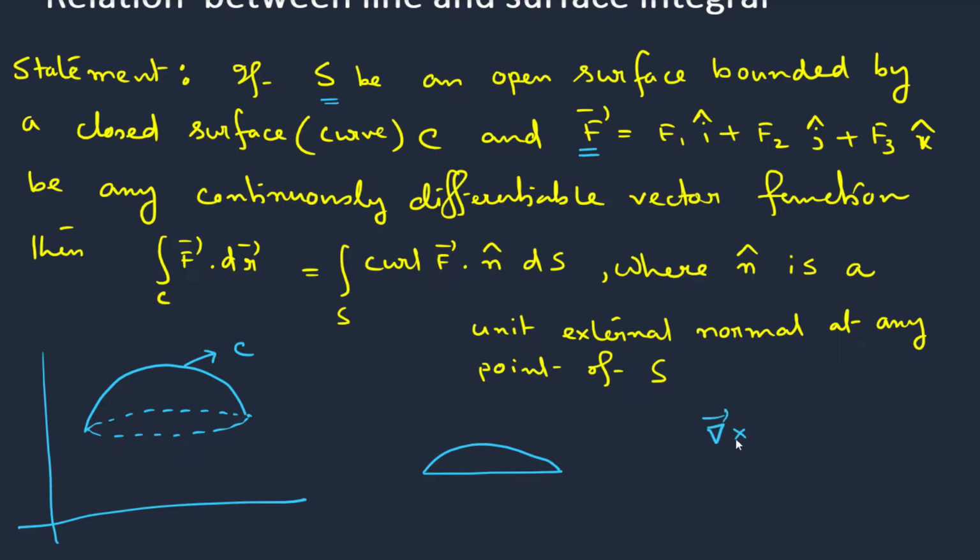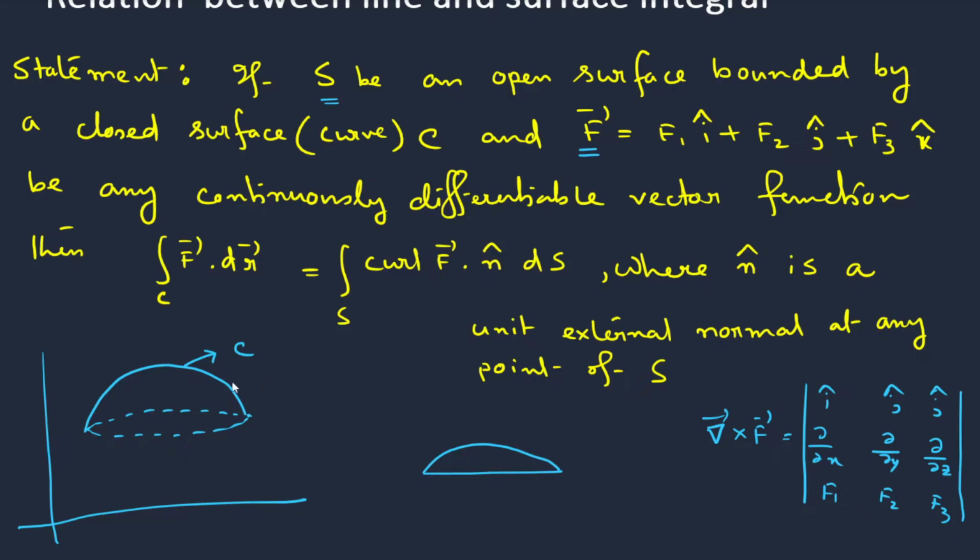Nabla bar cross f bar. I hope you know how to find curl f bar, which is i cap, j cap, k cap, and then del del x, del del y, del del z, and then the components of f, which are f1, f2, and f3.